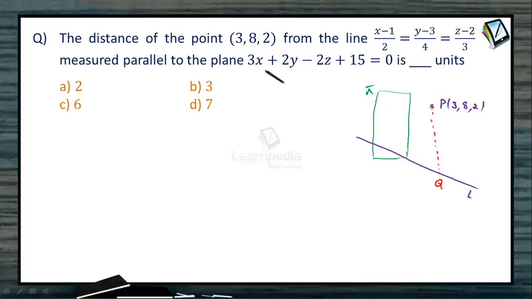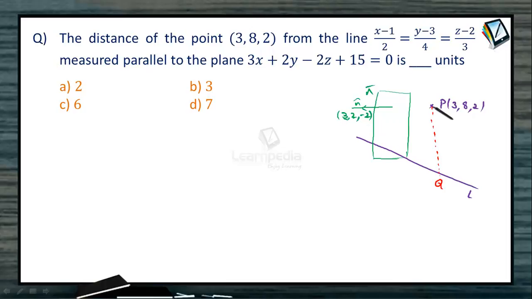Now as the plane equation is given to us, 3x + 2y − 2z + 15 = 0, one immediate identification about the plane is the normal to the plane. For this normal, what are the direction ratios? Yes, the direction ratios are 3, 2 and −2. So we know the normal's DRs of the given plane. Now can you tell me how the line equation passing through P will be?